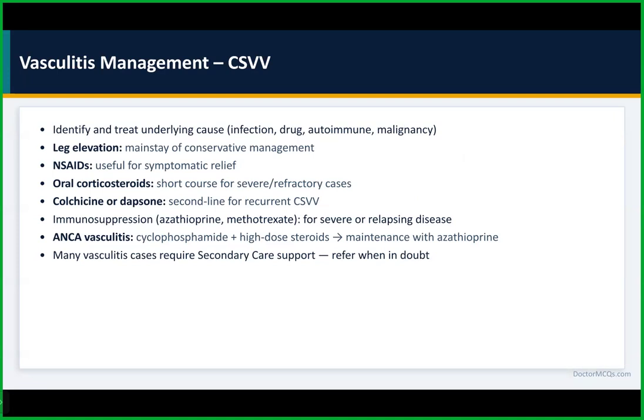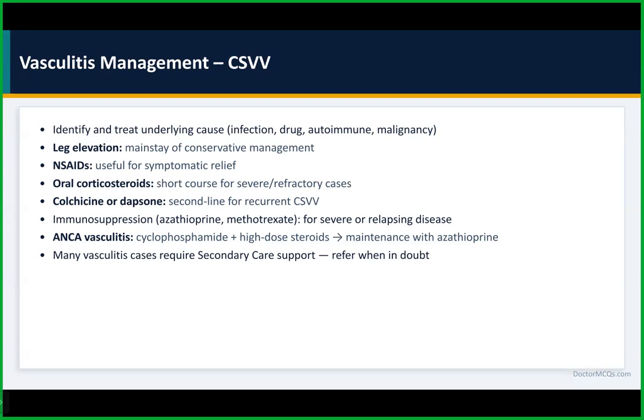As a whole, to manage vasculitis, for cutaneous small vessel vasculitis you will first identify and rule out whether it meets the exclusion criteria. Otherwise, if it is benign, you just need to reassure the patient, like in some exercise-induced cases in old age; then leg elevation, some NSAIDs, oral corticosteroids, colchicine or dapsone can be given.